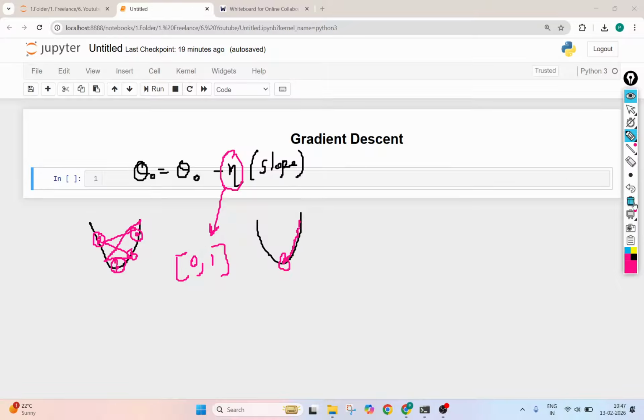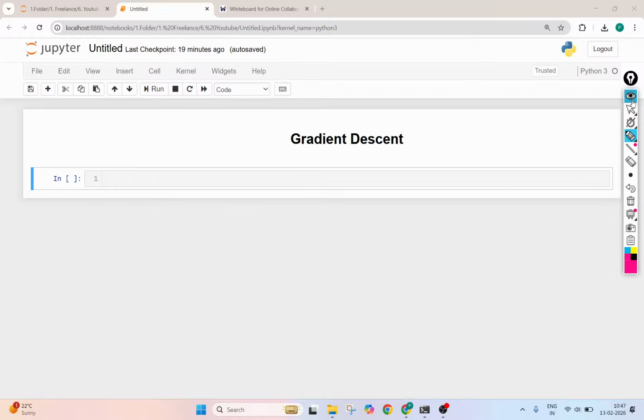Now let's understand how we actually work on it practically, and we'll create this gradient descent from scratch. Okay. So let me quickly start with the process. The very first step we do is we acquire the data, right?